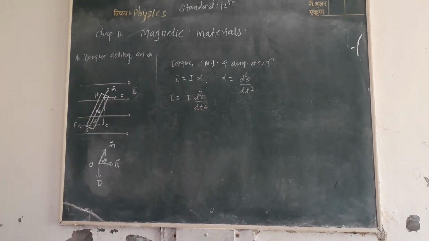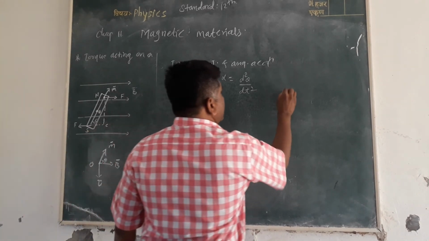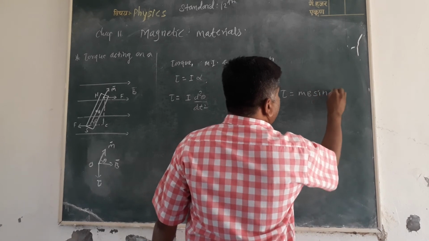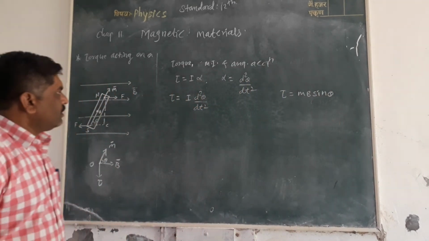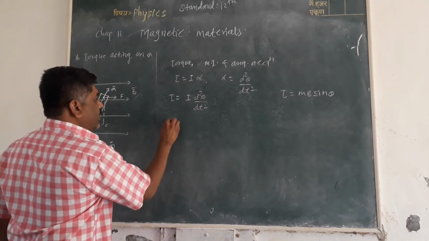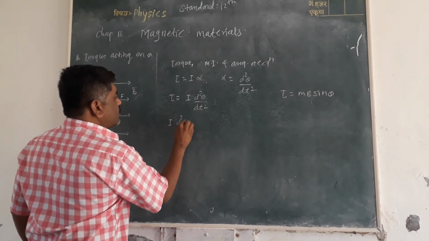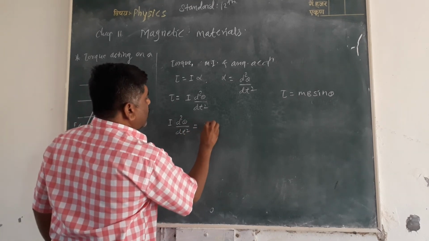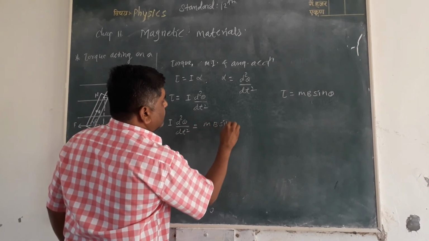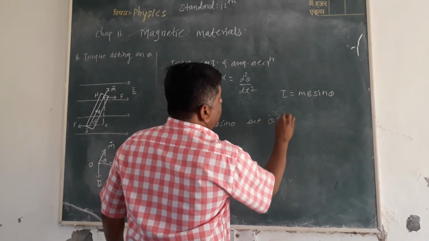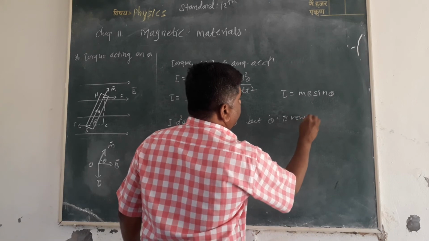Compare this torque with the previous torque. The previous torque is tau is equal to MB sin theta. If we compare these two torques, we get I d square theta upon dt square is equal to MB sin theta. But theta is very small.